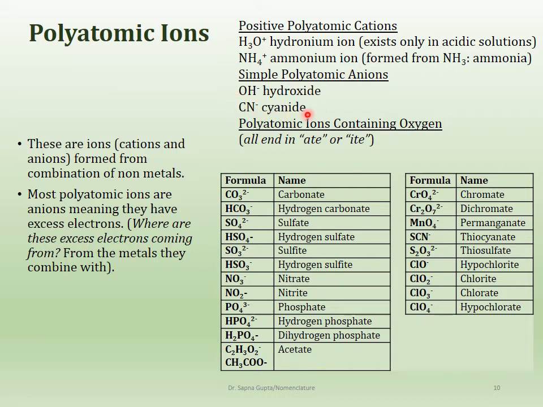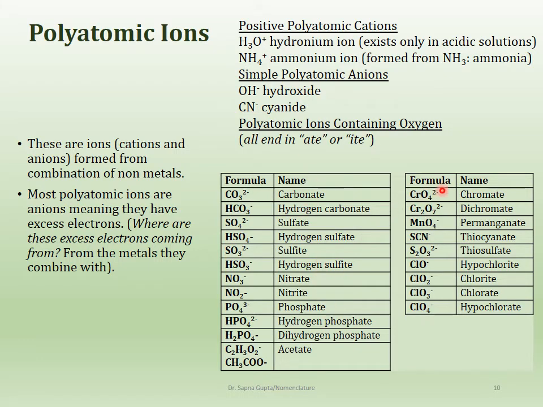These 2 ions here, hydroxide and cyanide, are very simple polyatomic ions. All the other ones are a little bit more complicated, and they have varied numbers of oxygens in them. The OH minus is a negative polyatomic ion, and it's the only one that ends in ide and has an oxygen in it.